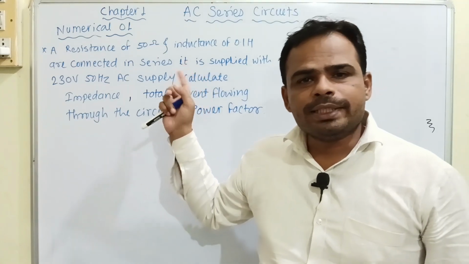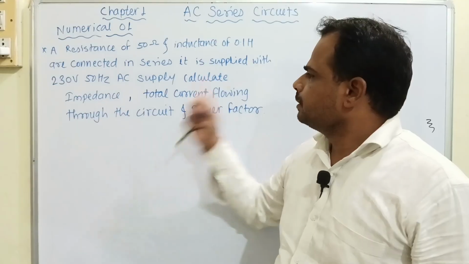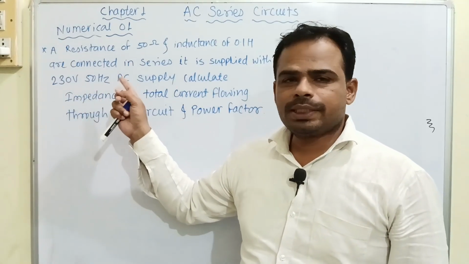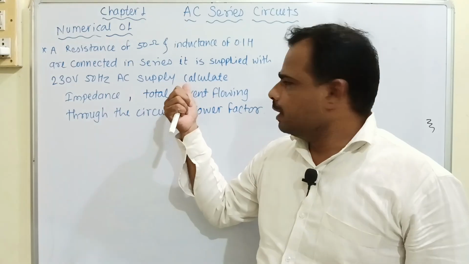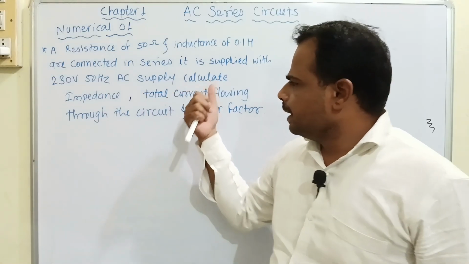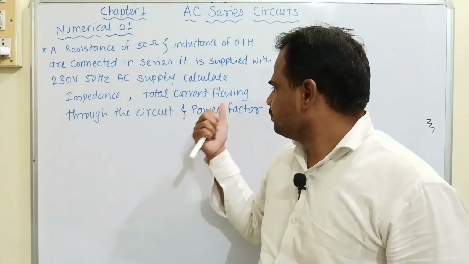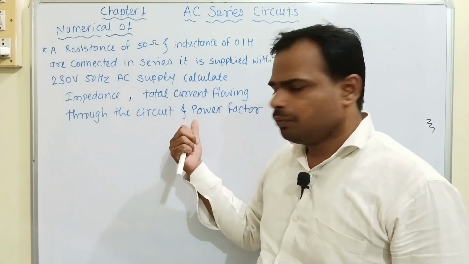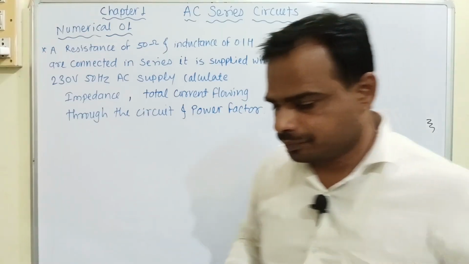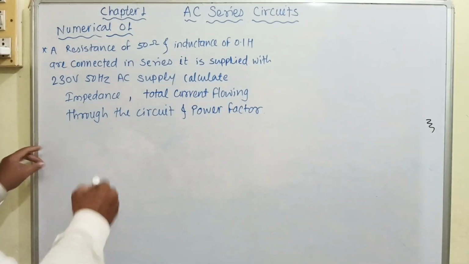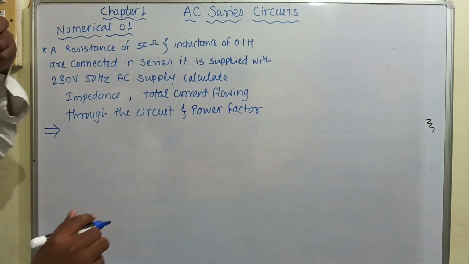This series combination is supplied with 230 volt 50 Hz AC supply, and here we have to calculate impedance and total current flowing through the circuit. Also we have to calculate the power factor of the circuit. Let us see the solution of this problem.